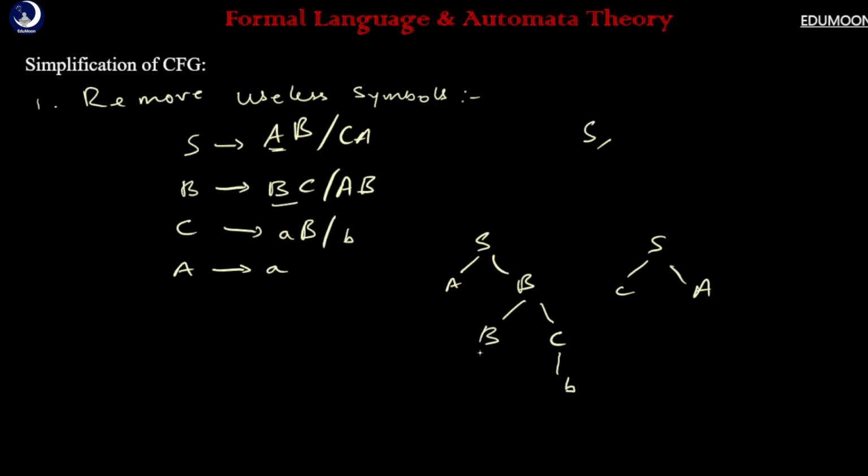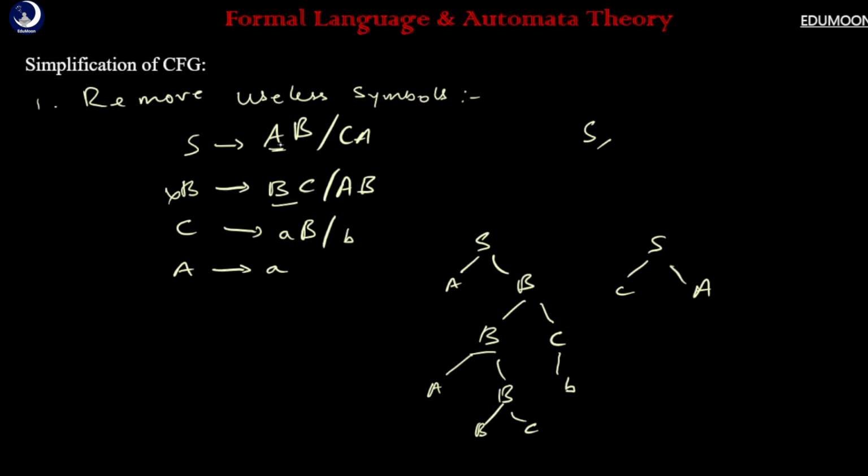But B can again further generate A, B, and again B can generate B and C, and so on. This is going into a loop. This is actually recursion, which we discussed in the earlier class. B cannot be stopped by substituting any symbol because B is not generating any terminal. So we conclude that B is a useless symbol here, because it is not deriving a terminal.